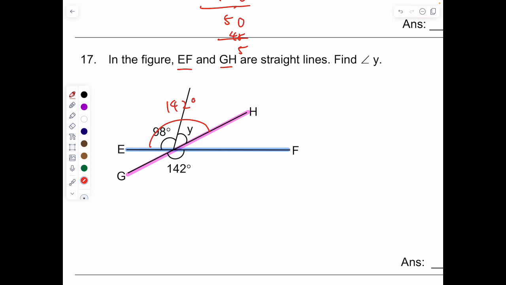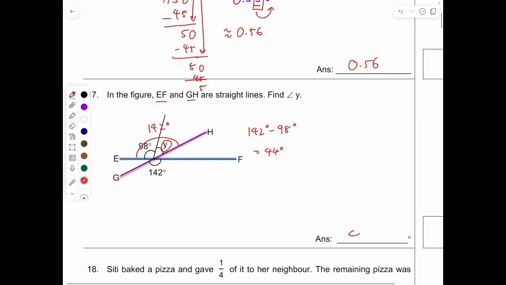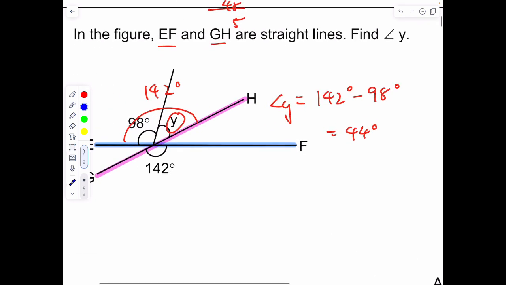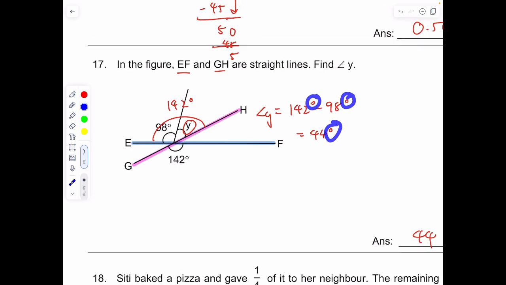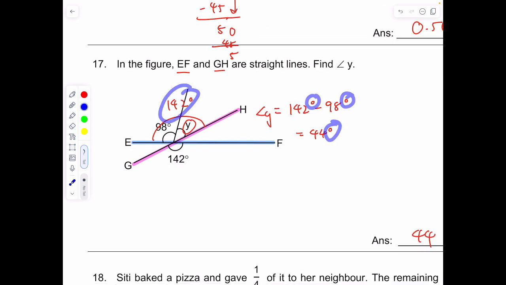So therefore, to find angle Y, I will just take 142 degrees minus away 98 degrees, and my answer would be 44 degrees. Okay. Now, when you are solving your questions for angles, please make sure to put in your angle symbol as well as all your degrees, and indicate what you have found out in the diagram.